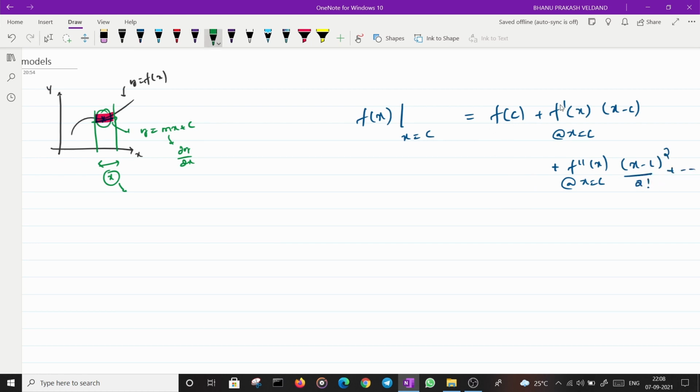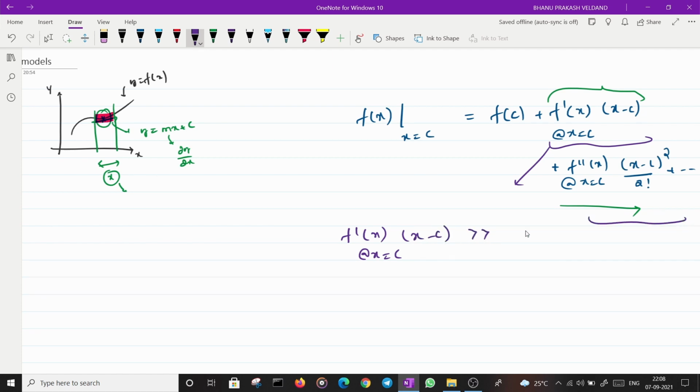The tangential approximation is nothing but this, and we are ignoring all other terms in the Taylor expansion. What this means is this term itself is the dominant one in the whole expansion. What that means is f dash of x at x is equal to c into x minus c itself is greater than the sum of all other terms.